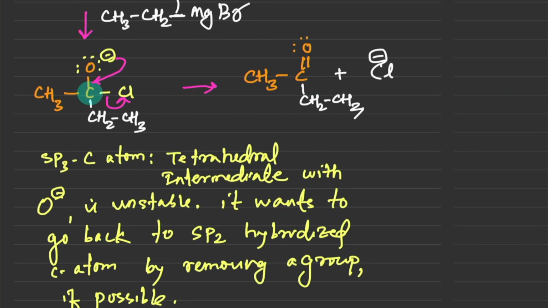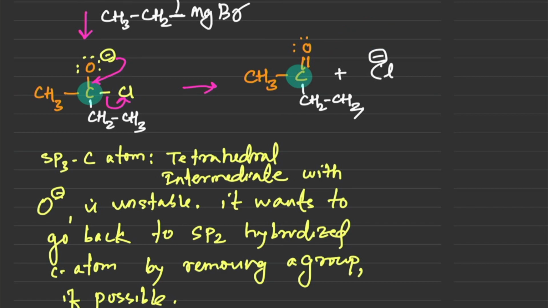So it kicked out the Cl minus group, to bring back the sp2 hybridized carbon atom. So this is back again sp2 hybridized. So this is sp2 and sp2. It wants to be sp2 hybridized.